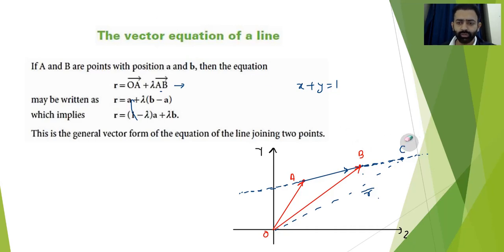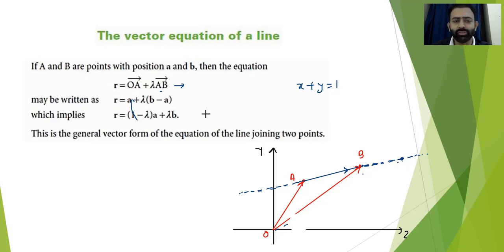Now let us see how we have arrived at this condition. This is just deriving the equation OA plus lambda times AB, and understanding what lambda means. This is very easy if you have understood the triangular law of addition.